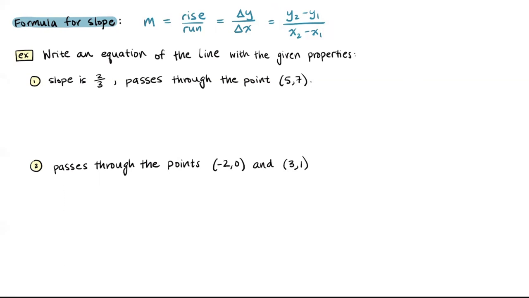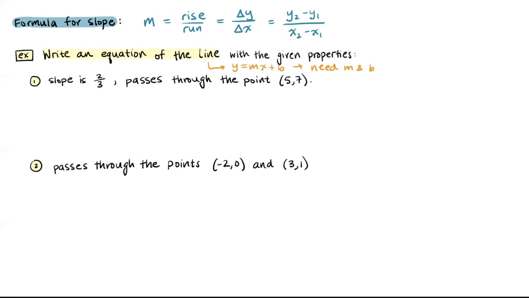So when we are writing the equation of a line, in the end, our answer is going to look like y equals mx plus b. And so what we need to do is find m, and we need b. That's our goal. We need to find what those numerical values are. Then we'll put them into the line equation.